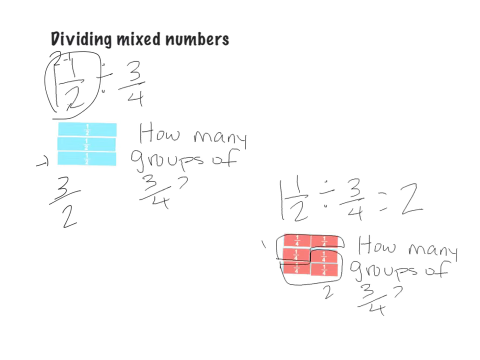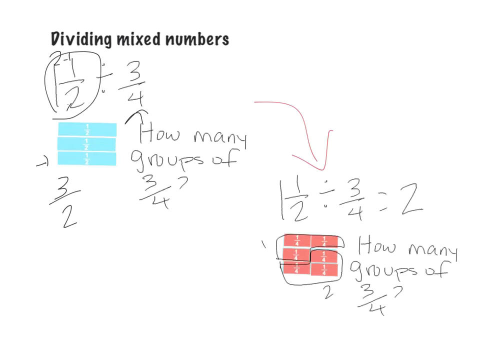And then what I want to do is see how many groups of 3/4 I can get out of my 3 groups of 1/2. So we're going to move down here where I have overlapped 1/4 pieces to see. So I have 3 1/4 pieces right here to represent one group in another set. So that has 1.5 divided by 3/4 equals 2.